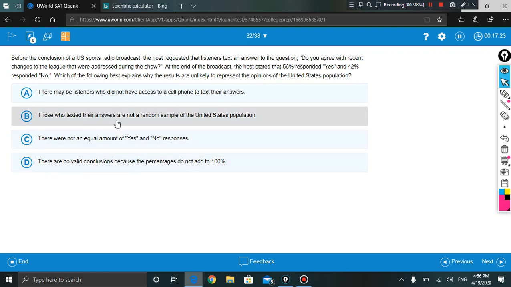Yes, those who texted are not a random sample of the United States population. Definitely, they requested the listeners, the ones who were already listening, to answer, but that's not representative of the U.S. population. So it's an invalid and flawed survey. Next question.